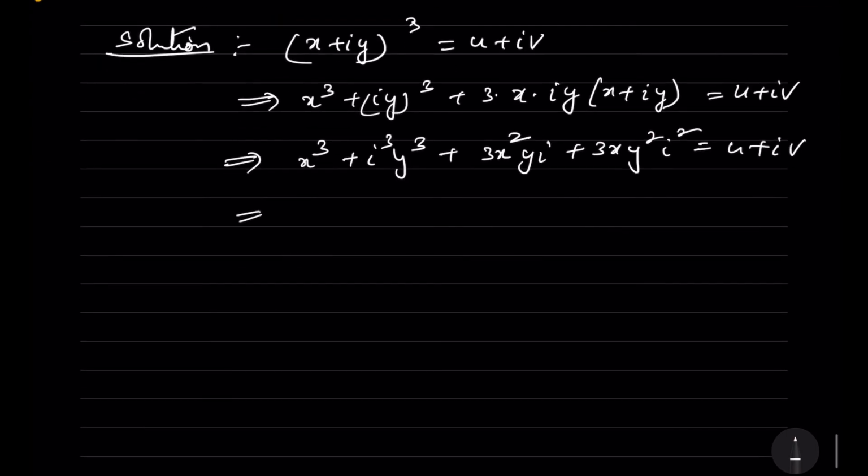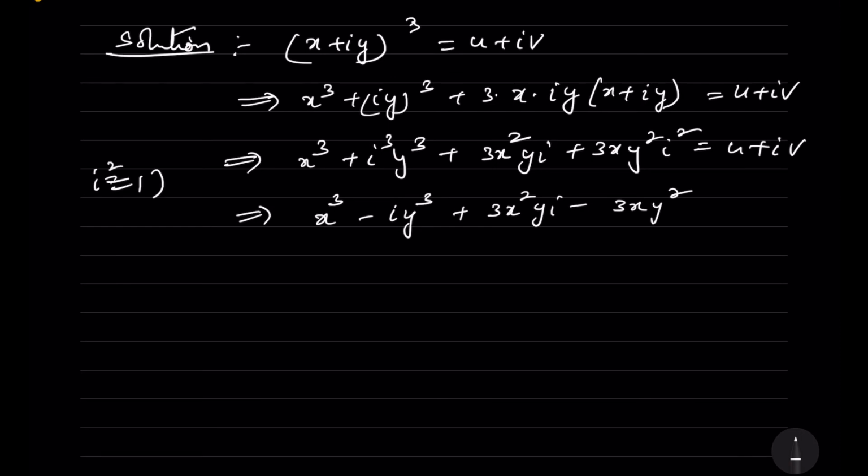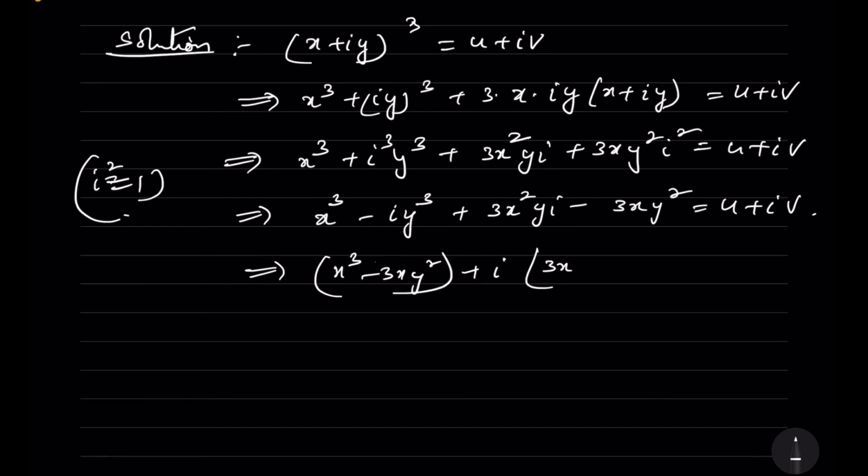So which implies x cubed plus 3x square yi minus 3x y square, because I square is equal to minus 1 we have substituted over here, which is equal to u plus iv. Or you can write this as x cube minus 3xy square plus I into 3x square y minus y cubed, which is equal to u plus iv.